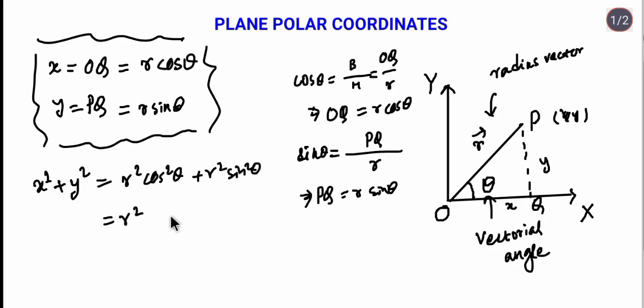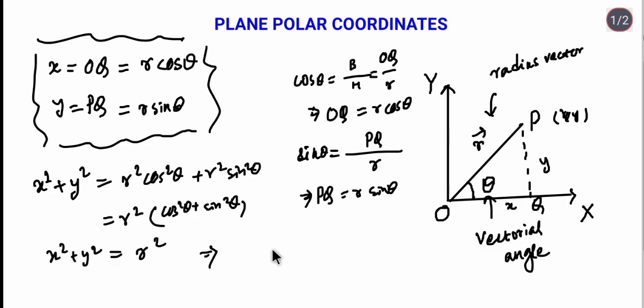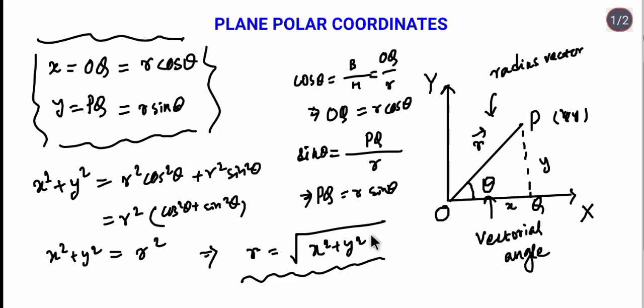We can take common r square, so it will be cos square theta plus sin square theta, which we know is 1, so r square is x square plus y square. So we can write r is equal to root under x square plus y square, and r is the magnitude of this radius vector, which is in polar coordinates.